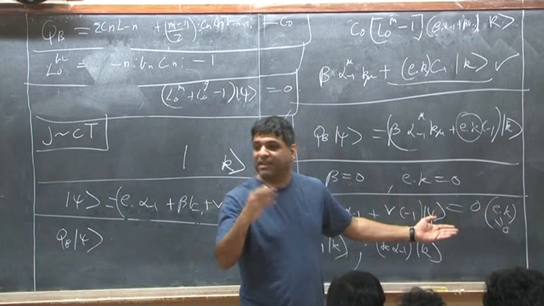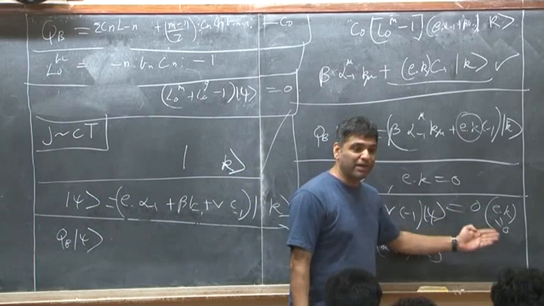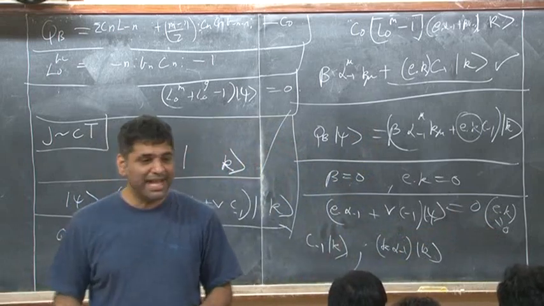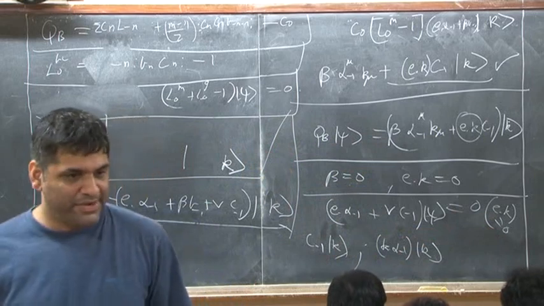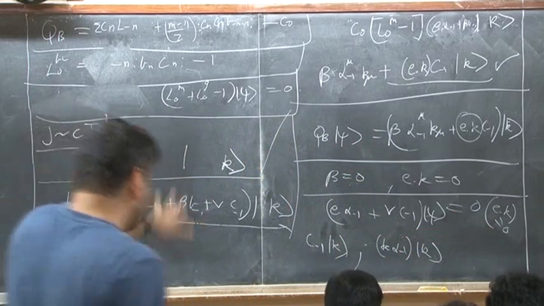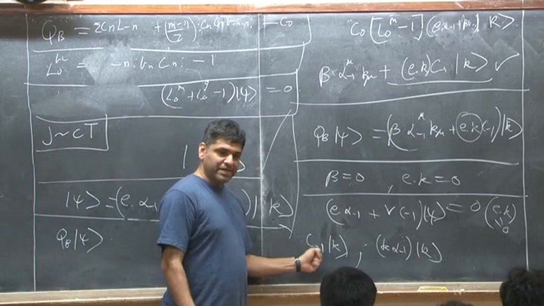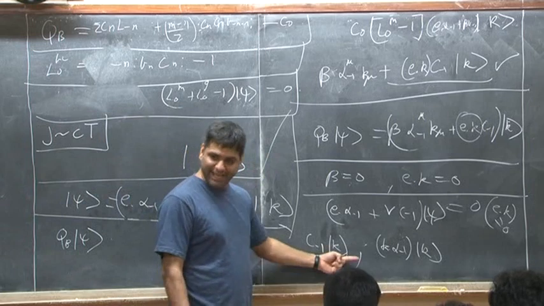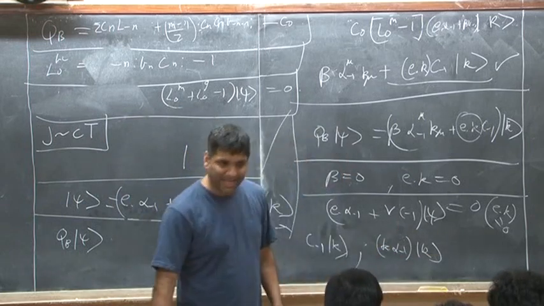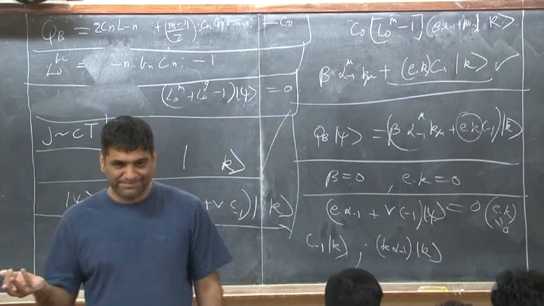So we want to get rid of that trivial part. Anything that is exact is automatically closed. So the space of exact states should be a subset of the space of closed states. And what we found is that it's spanned by c minus 1 on k and k dot alpha minus 1 on k, which are BRST exact.